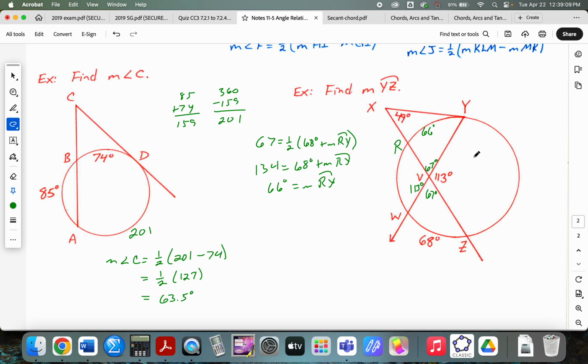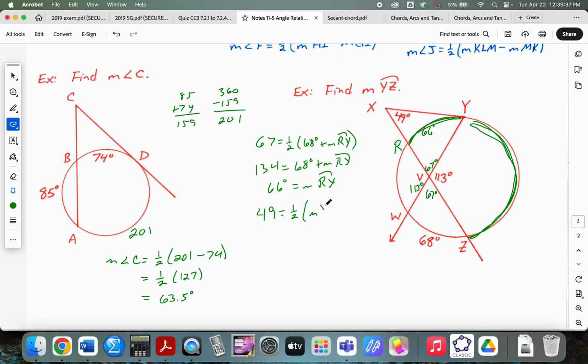Well, now that we have that, if we switch over and use the 49, whose vertex is in the exterior, it intercepts this 66 degree arc that we just found, and it intercepts YZ, the one that we desperately are looking for. So here, when the vertex is in the exterior, the measure of the angle is equal to half of the difference between the two arcs.